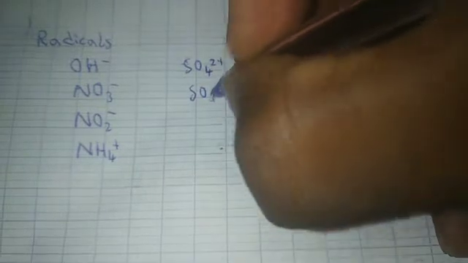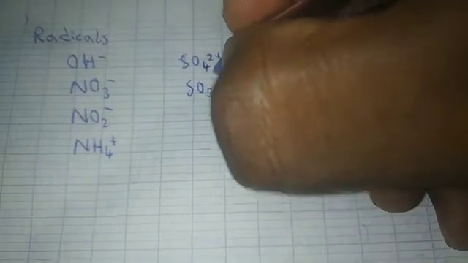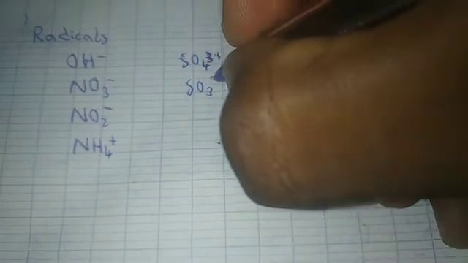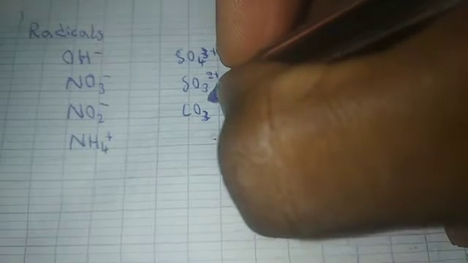So let's just give a couple of other ones. This is sulfate, sulfite. Oops, sulfate is 3, sulfite. Carbonate 2 plus. Here we have PO4 2 plus, and we have PO4.